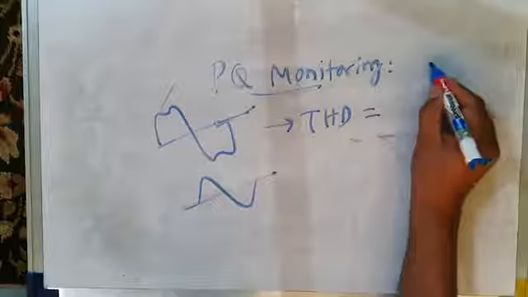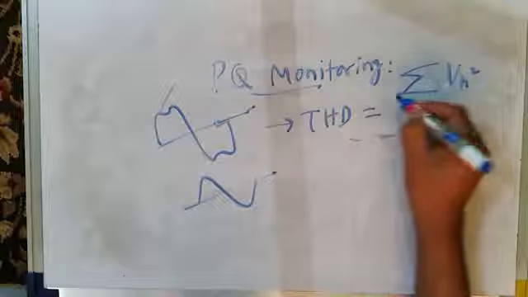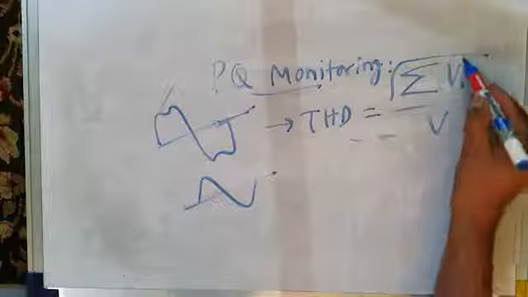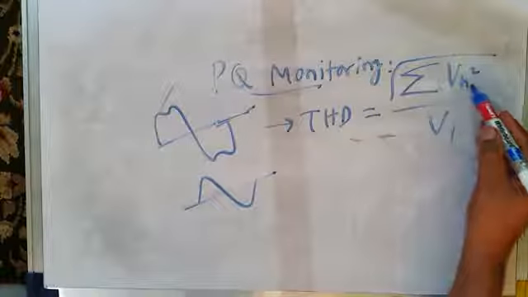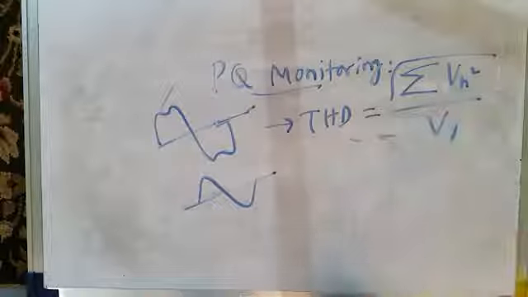This total harmonic distortion is the square root of the sum of VH squared, divided by V1. I mean, it's the summation of these harmonics, say V3 squared plus V5 squared plus V7 squared, and so on, under the square root, divided by the fundamental component of the voltage.